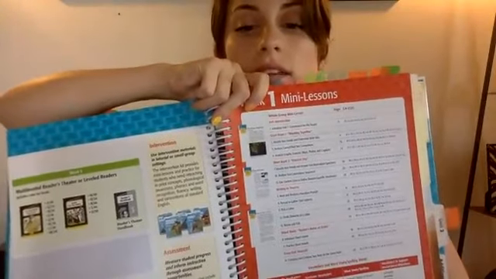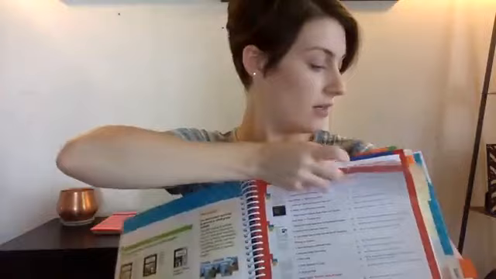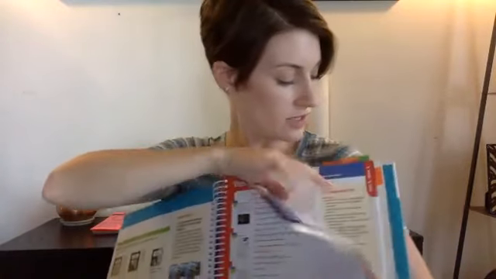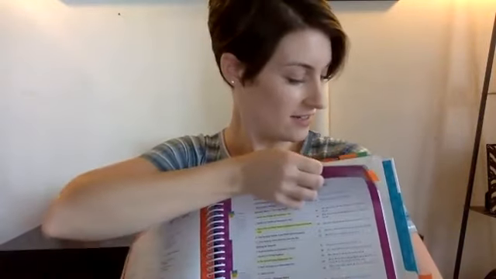All the mini lessons there. And then flip through, it's color coded. Here's week 2. See, last year I have all my highlights. And then week 3 is green. So that's what you can use.